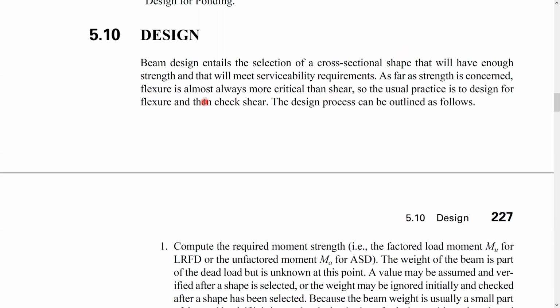So as I mentioned earlier, guys, all the time in the flexural beam elements, flexure is the primary or the critical thing, more than the shear and the deflection.